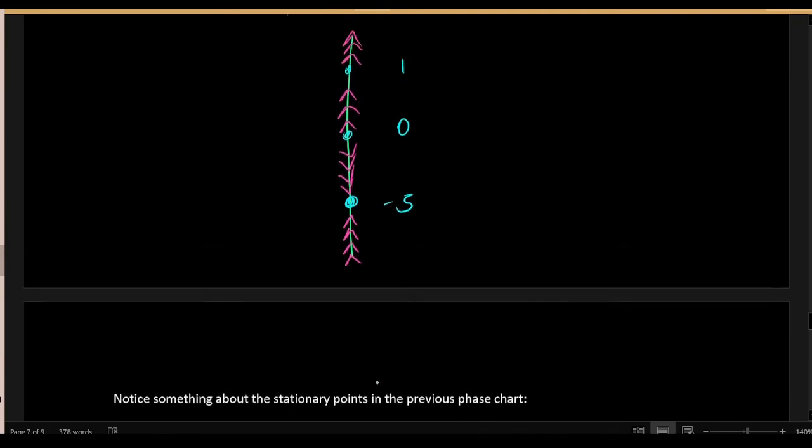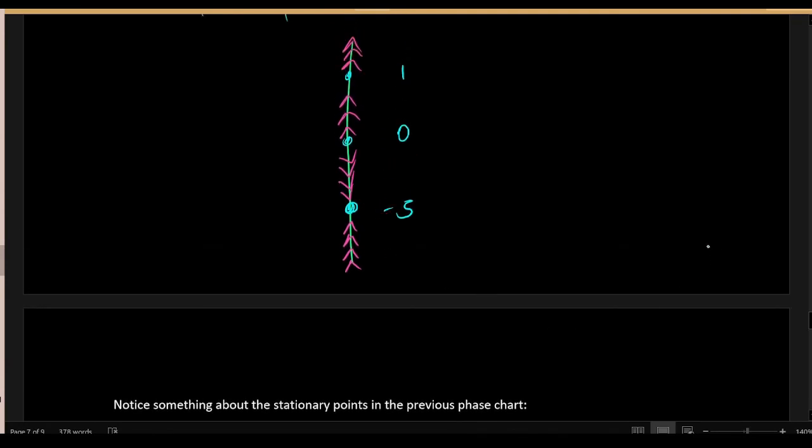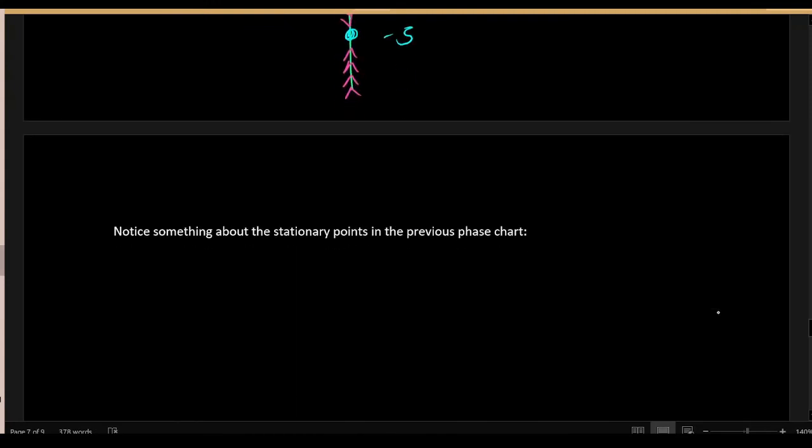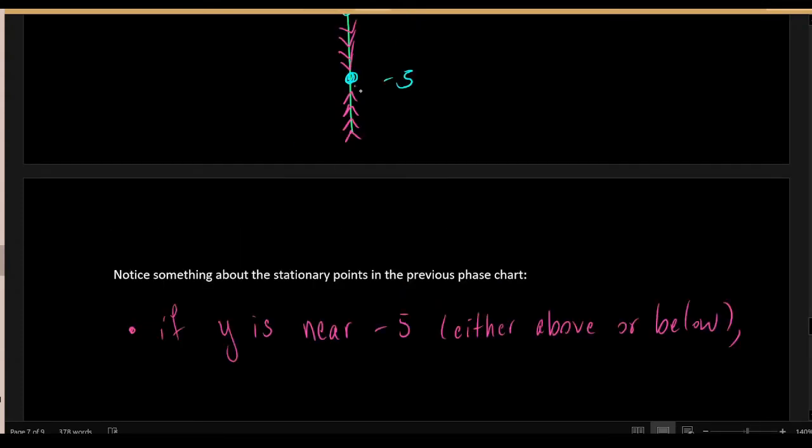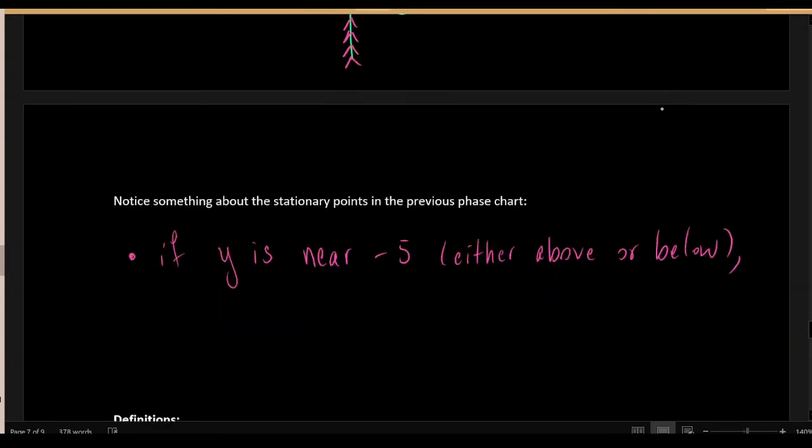Now notice something about the stationary points in this phase chart. In particular, -5 and 0. If y is near -5, either above or below, then over time, the y value will eventually become -5.